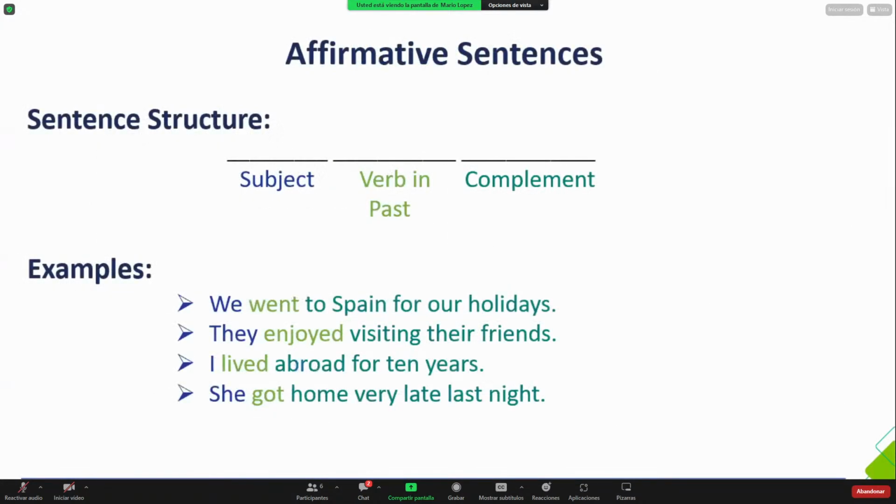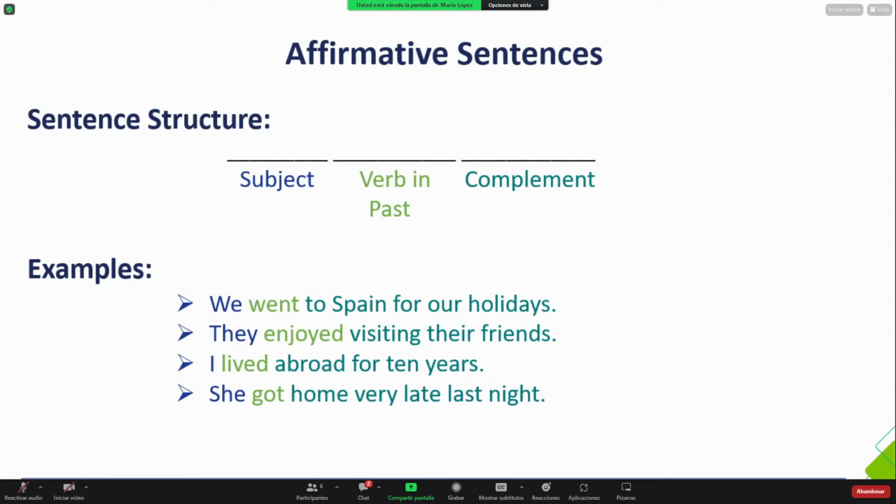Okay. Now we have the affirmative sentences in past with other verbs. The structure is the same. Just change the verb. La estructura es la misma, solo cambia el verbo.